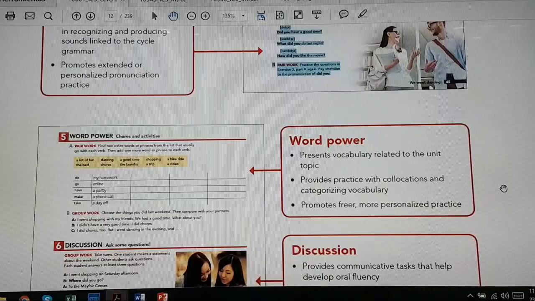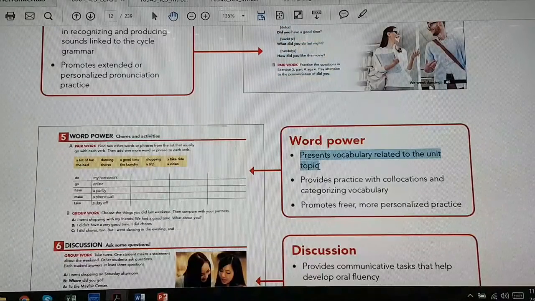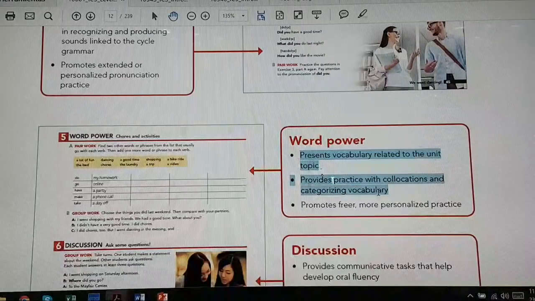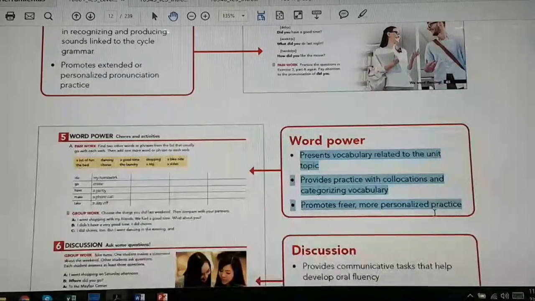Word power presents vocabulary related to the unit topic. All units are connected through different themes, but they always have a link, so that students can talk about topics within one unit without working on loose activities, since there is always a connection across all the activities included.